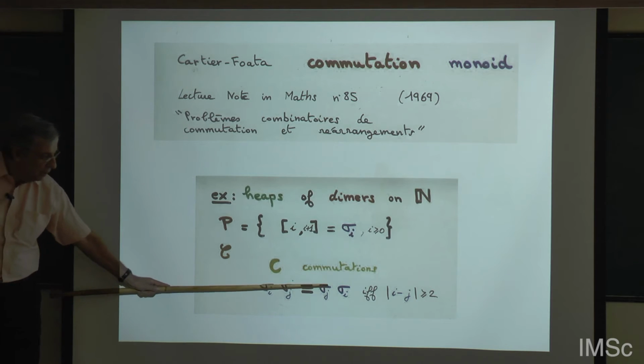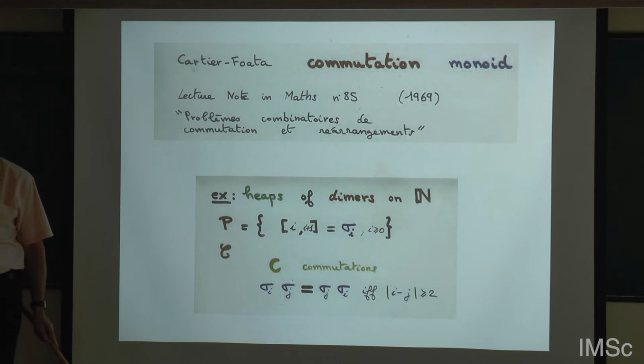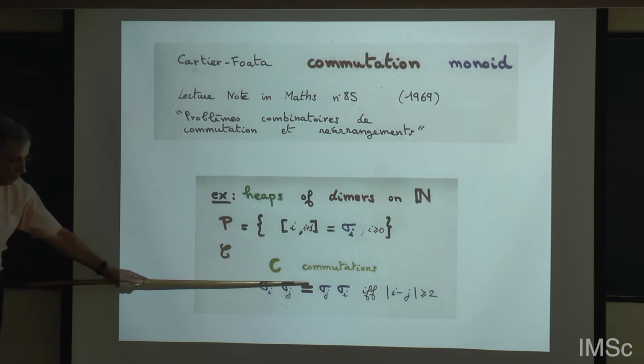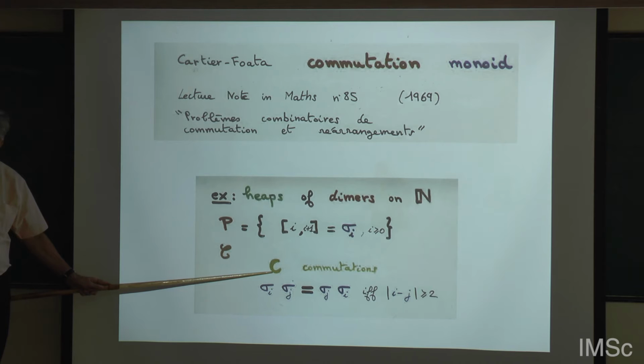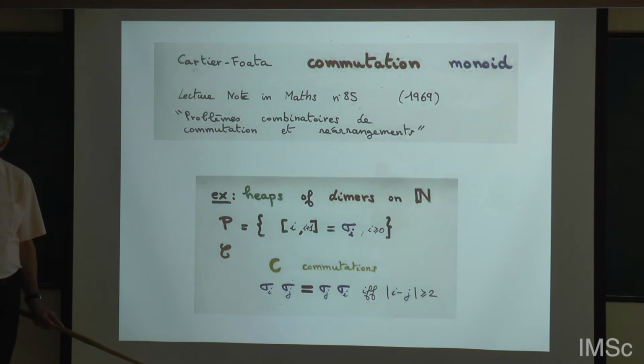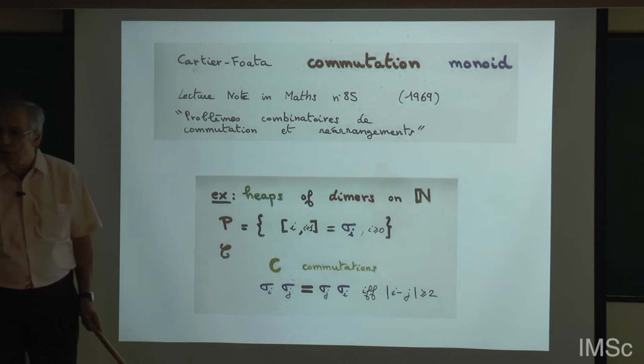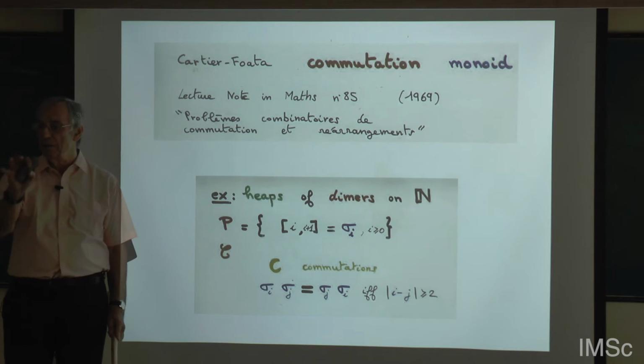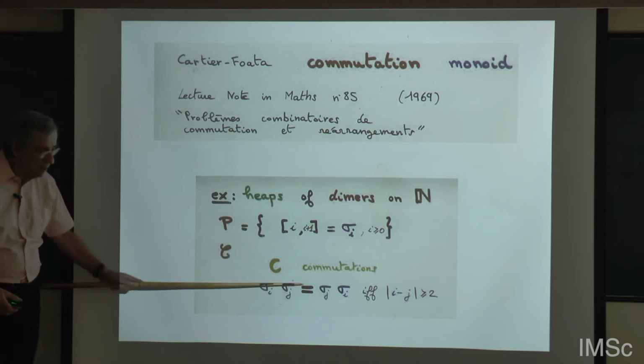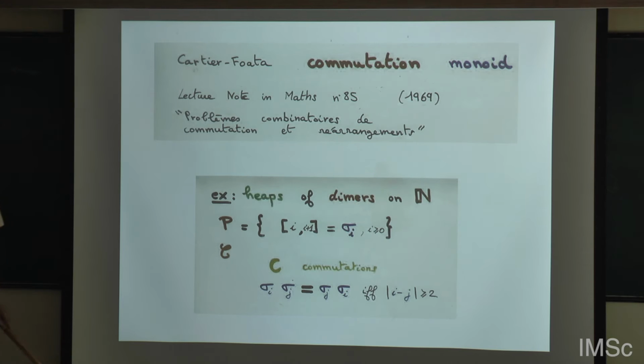This is the first equation to define a Coxeter group, symmetric group, etc. So this is just the first equation. And the words which are defined up to this commutation, the equivalence classes, are in bijection with heaps of dimers. The heap is a visualization of the equivalence class of this monoid generated by this commutation.